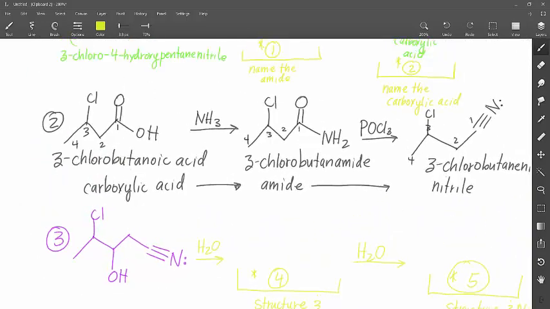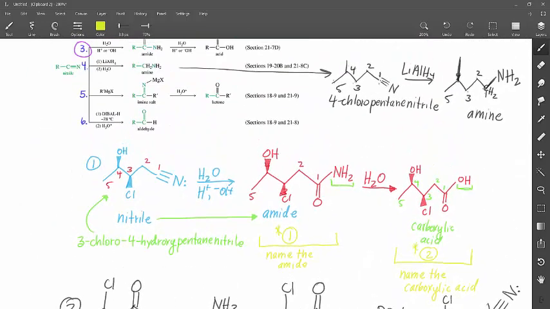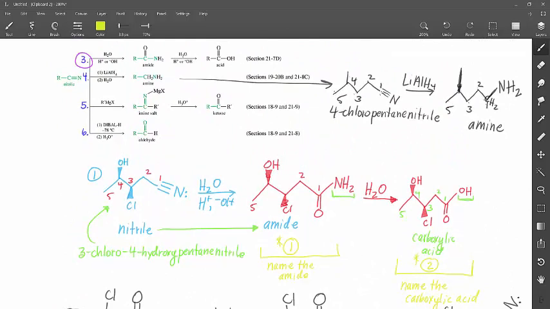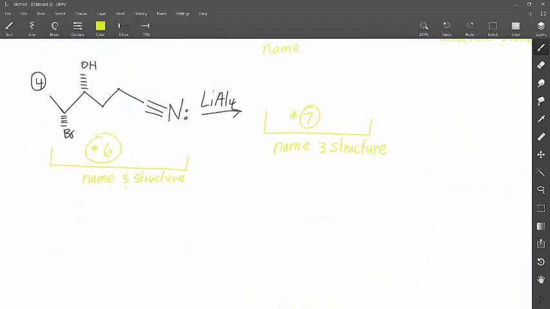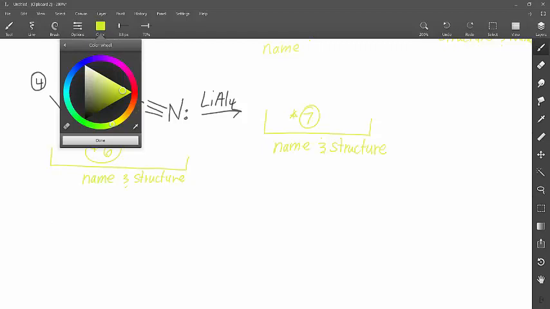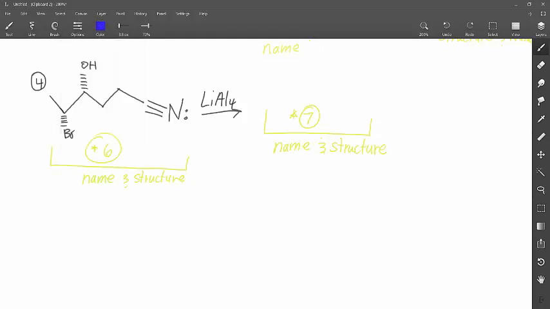Now, number 5 and 6. So number 5, you can use the same reagent. Now I'm going to change your reagent so you can practice names.